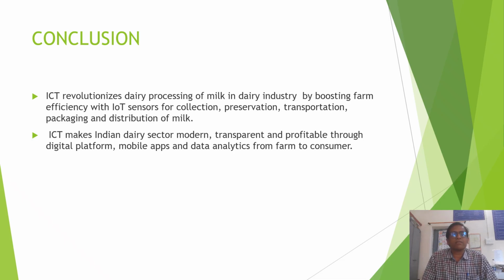So ICT makes the Indian dairy sector very modern, transparent, and profitable through digital platforms, by using different types of mobile apps and data analytics. It will be very helpful from farm to consumers.